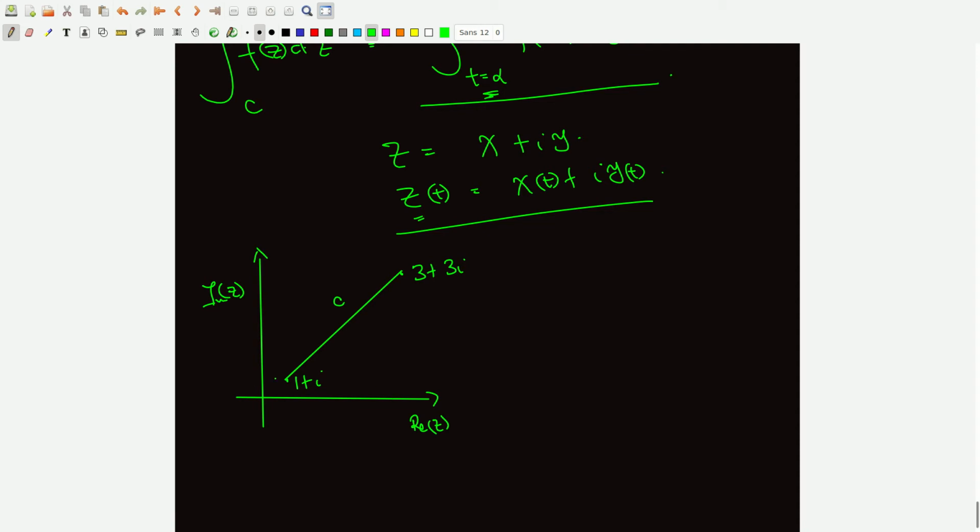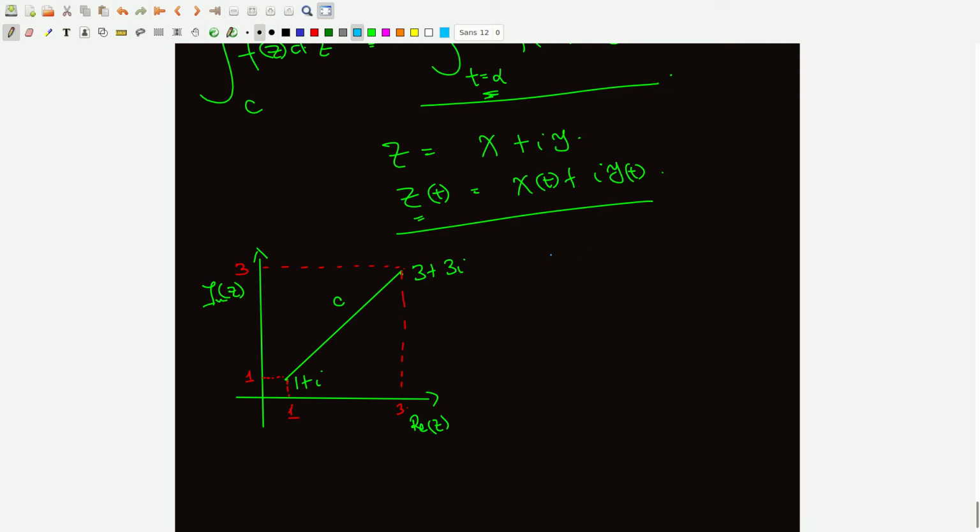So what is this? Of course we know the value here is 1, and then the value here is 3, that is 3i. The value here is 1, and then the value here is 3. Now you see that this is a straight line, that path is represented by a straight line.